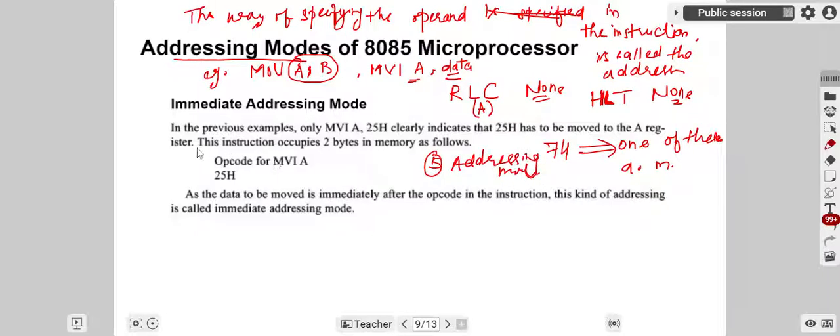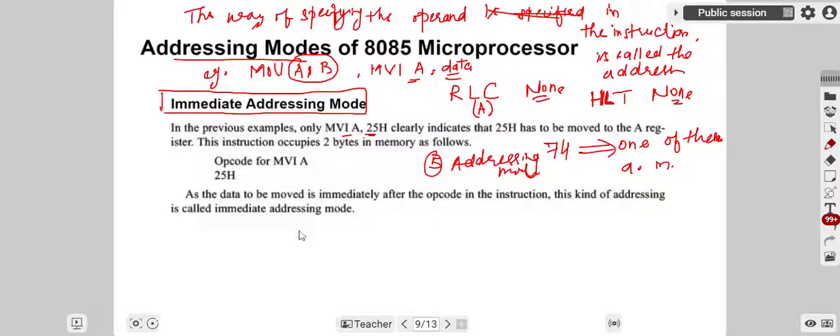Out of which the very first addressing mode is immediate addressing mode. Now you already know the meaning of immediate. Immediate means if some immediate data has been provided with the instruction, that kind of instruction falls under the category of immediate addressing mode instruction.